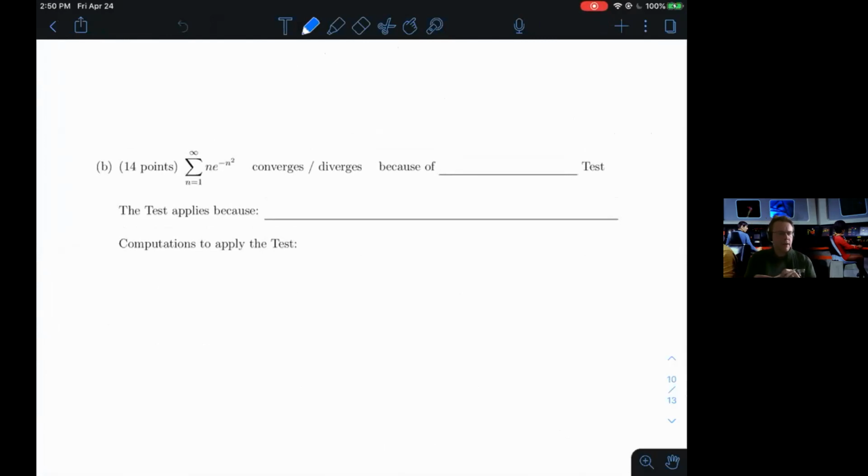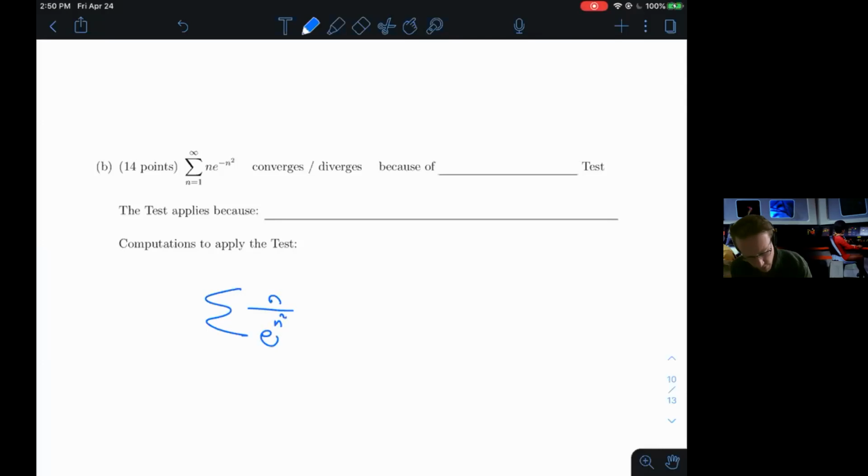Okay, we have something here: converges or diverges because the blank test. The test applies because blank. Okay, so let me go ahead and rewrite this for a second. Whenever we have something raised to a negative power, this is really secret division.